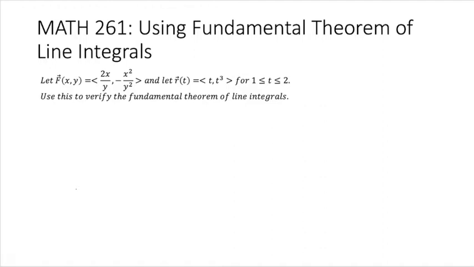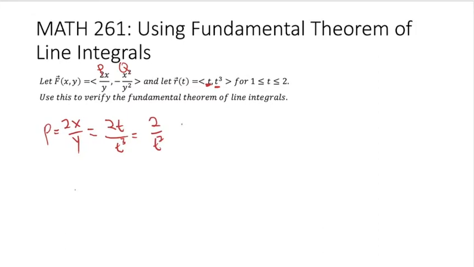So to solve this integral, we're first going to define the integral F of xy into P and Q, where P is 2x over y, which would equal, where x is t and y is t cubed, 2t over t cubed, which comes out to be 2 over t squared.